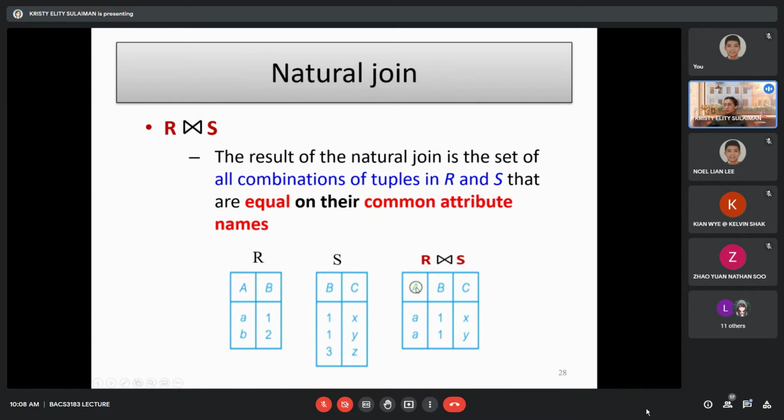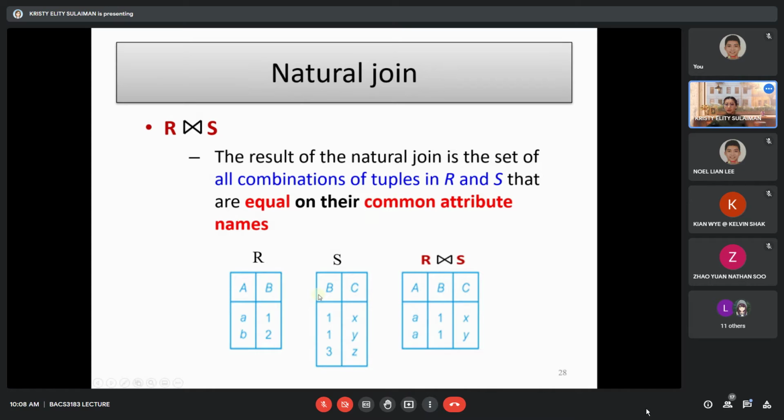The common attributes are A, B, C, and you list out the tuples that are equal. So you have A, 1, X here, and the next row A, 1, Y. It joins the tuples in R and S that are equal for both tables.